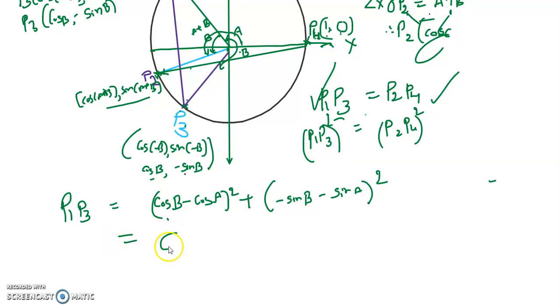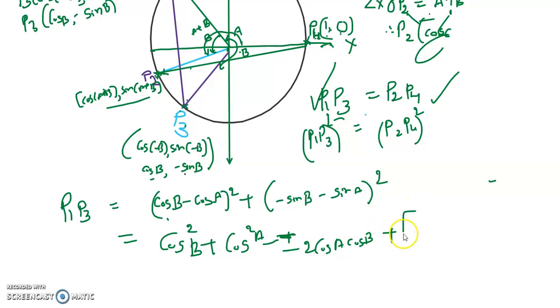This is equal to, we will expand it by the formula of A minus B whole square, cos square B plus cos square A minus 2 cos B into cos A. Then plus, in this bracket I have minus sin B minus sin A, which means it is sin square B plus sin square A plus 2 sin A into sin B.